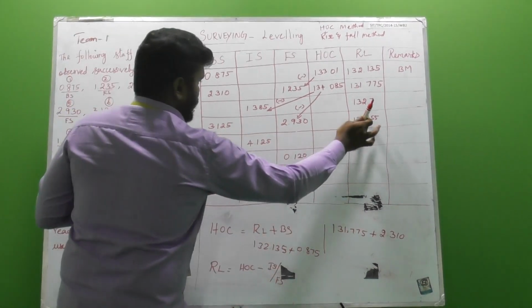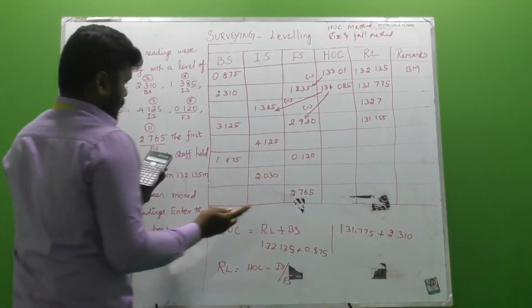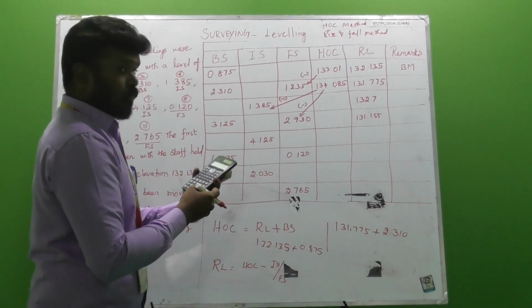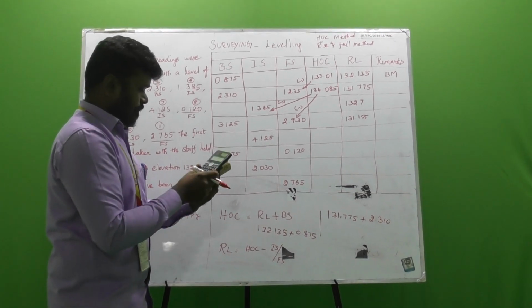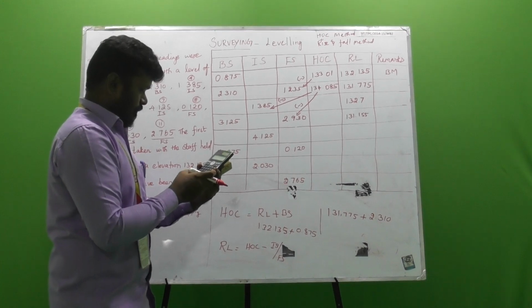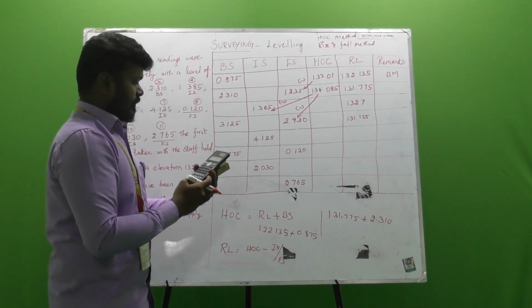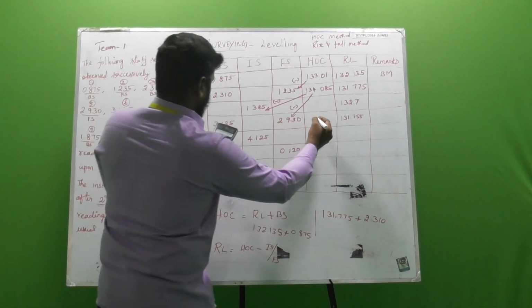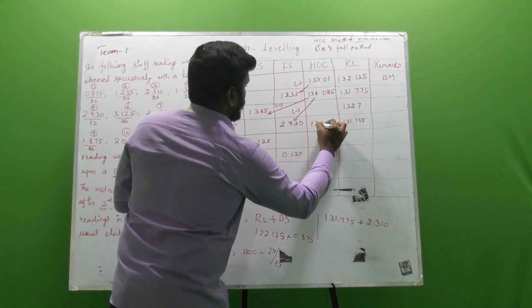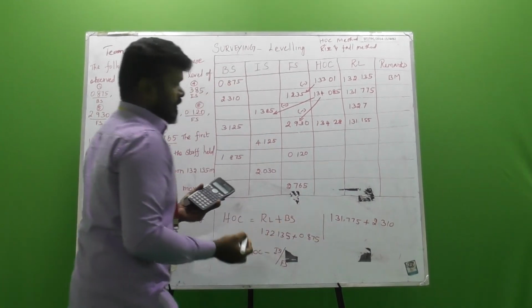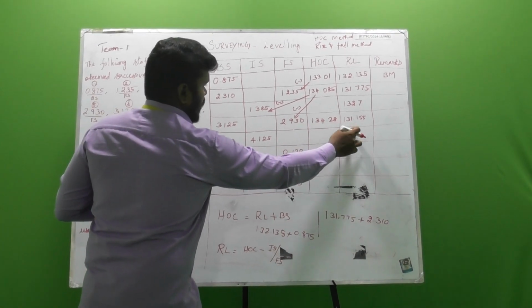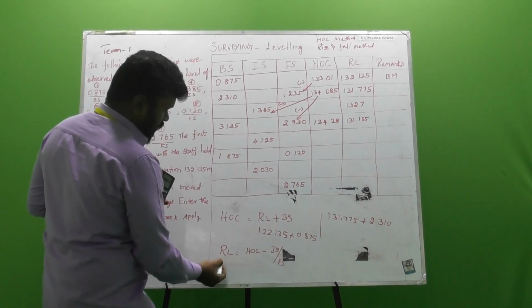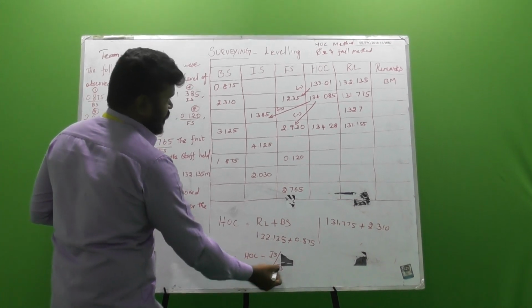So RL plus BS gives the HOC value: 131.155 plus 3.125. We get the HOC value 134.28. Again we have the HOC value but we don't know the RL value, so we want RL: HOC minus IS or FS.